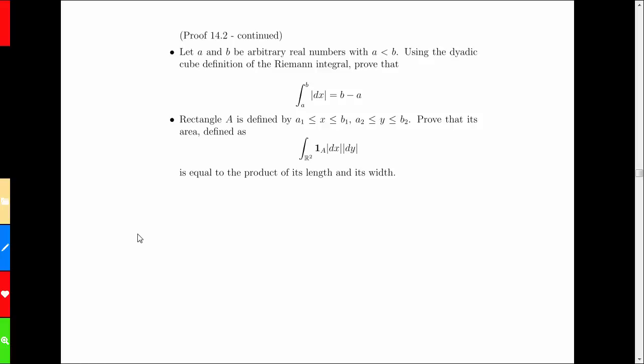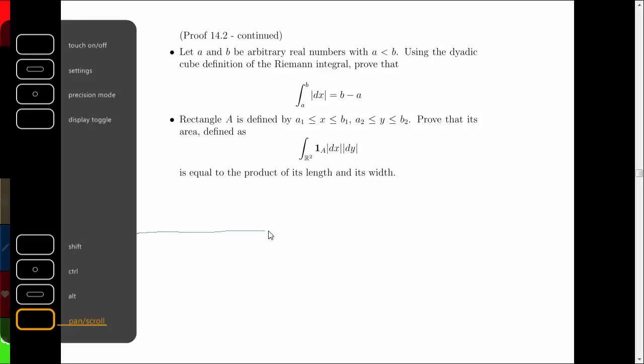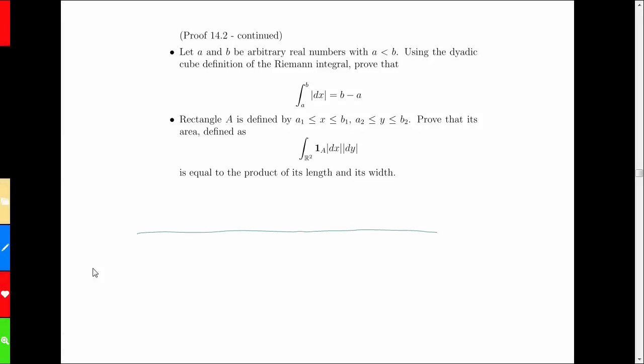Let's look at what's going on when we evaluate the integral of the indicator function. The indicator function for this interval from a to b is, of course, the function that equals 1 between a and b and 0 everywhere else.